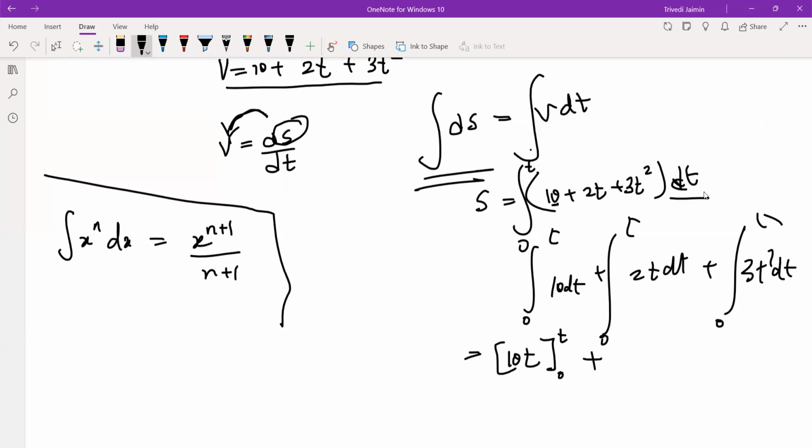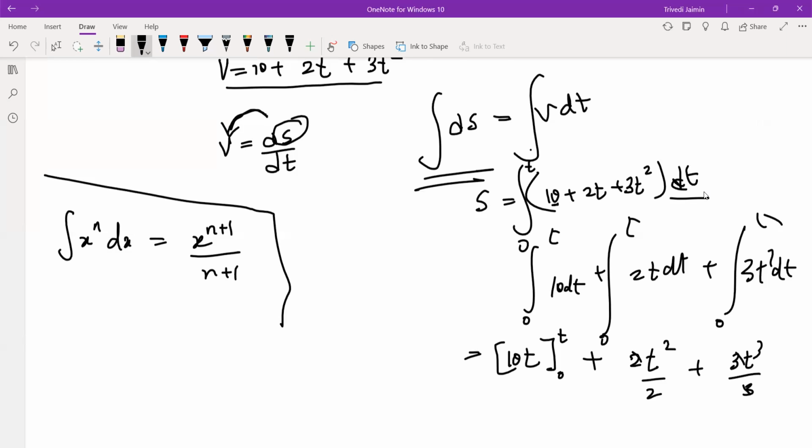Plus 2 times t square by 2, plus 3 times t cube by 3.